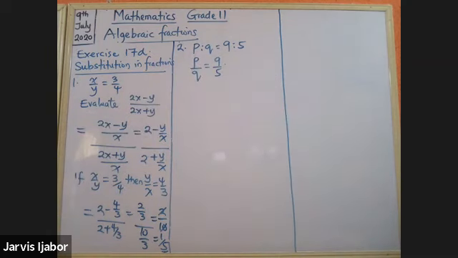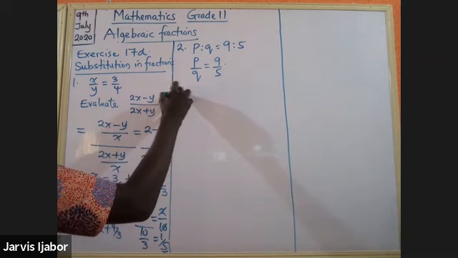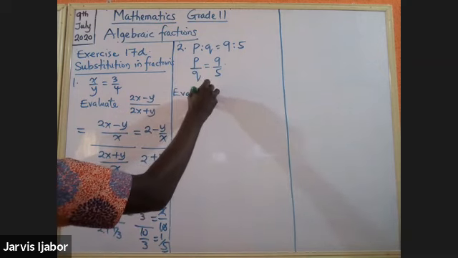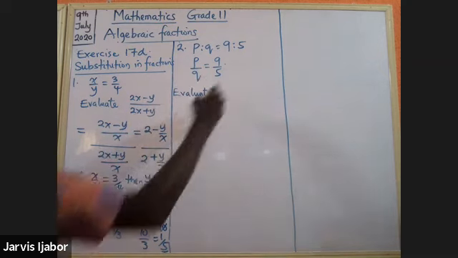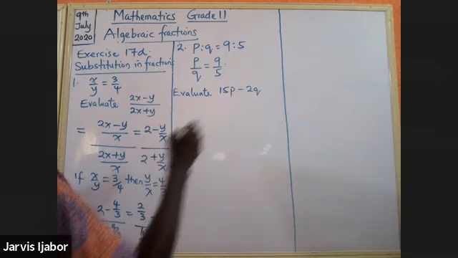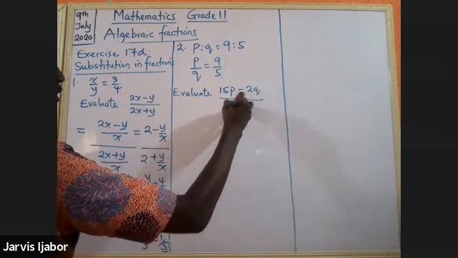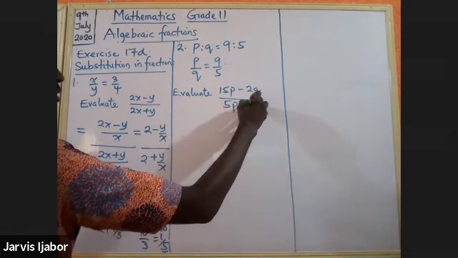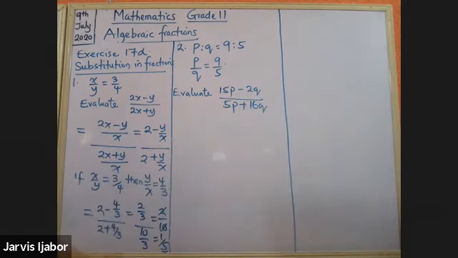So with that, we are told to evaluate 15P minus 2Q all over 5P plus 16Q.